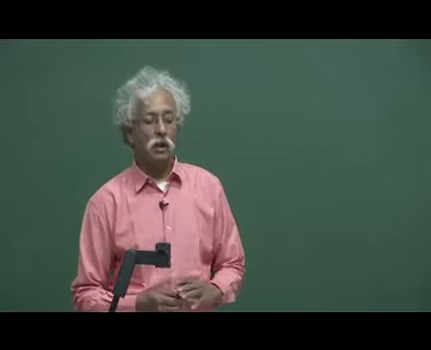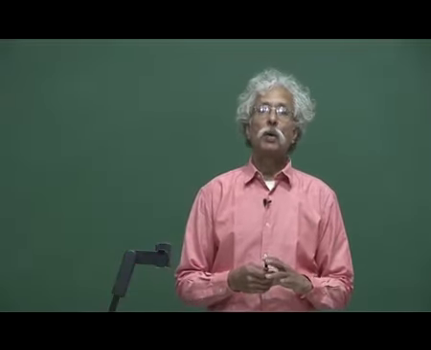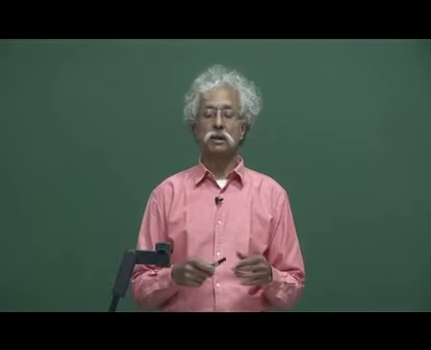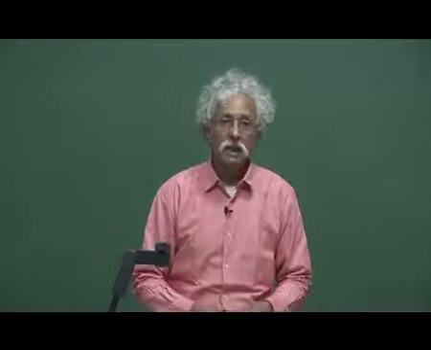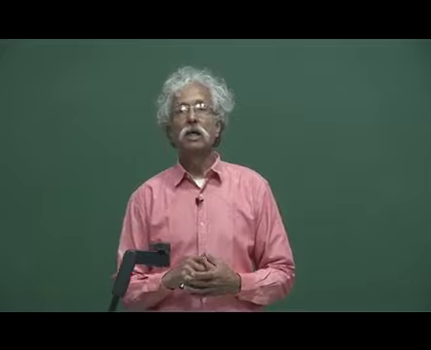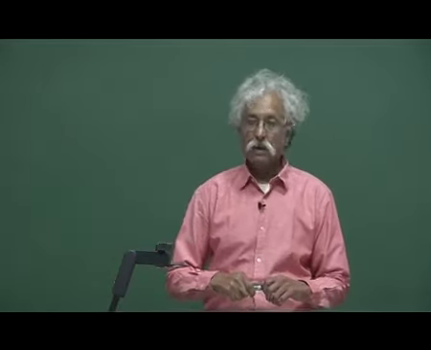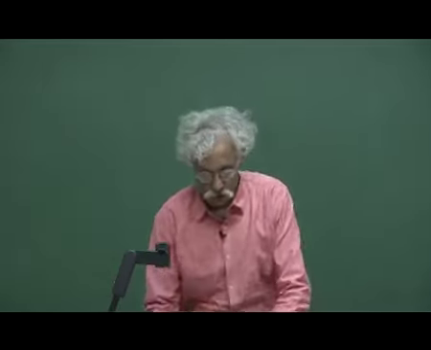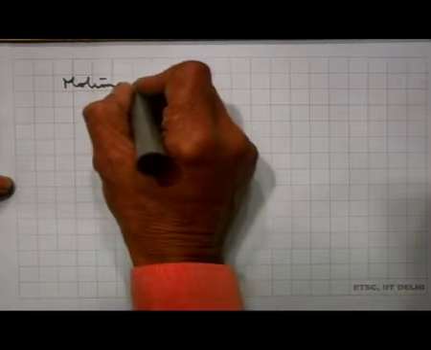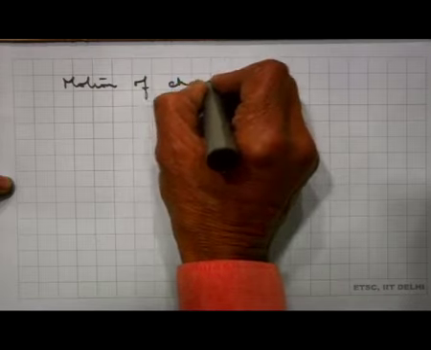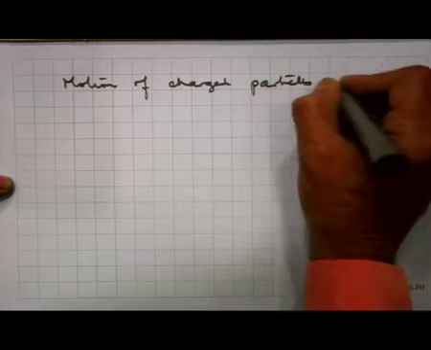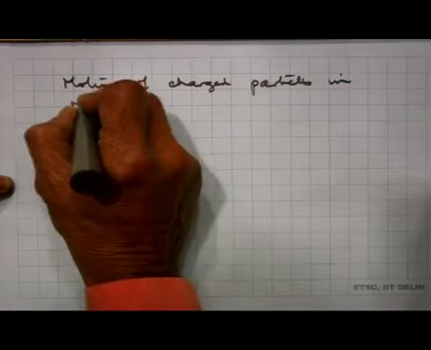Now, having discussed how to generate magnetic fields and how to calculate magnetic fields generated by current carrying conductors in different configurations like a straight current carrying conductor, a circular loop of wire, a solenoid, a toroid etc., I want to move to another very important aspect, which is motion of charged particles in magnetic field.